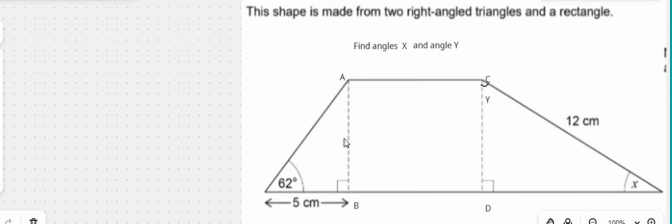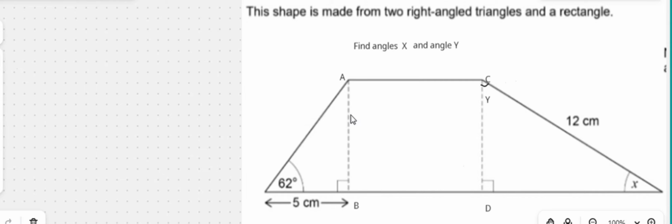As you can see here, you have an angle which is known to be 62 degrees, and the adjacent side to this angle is 5 centimeters. So if you find AB, which is the opposite side for the angle 62, it's going to be equal to CD because this is a rectangular shape.